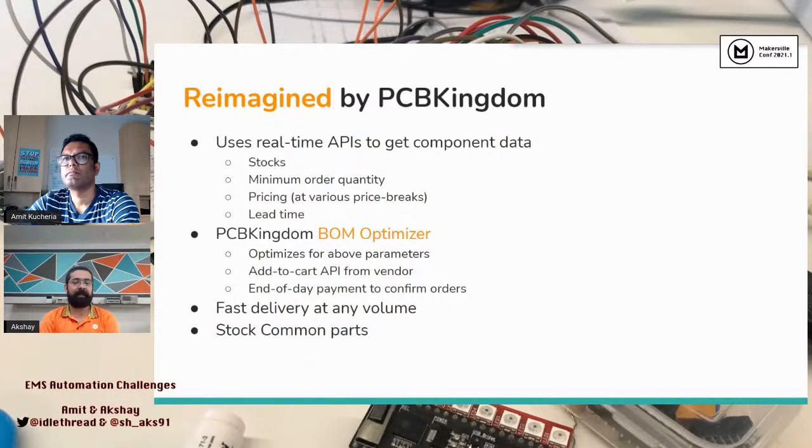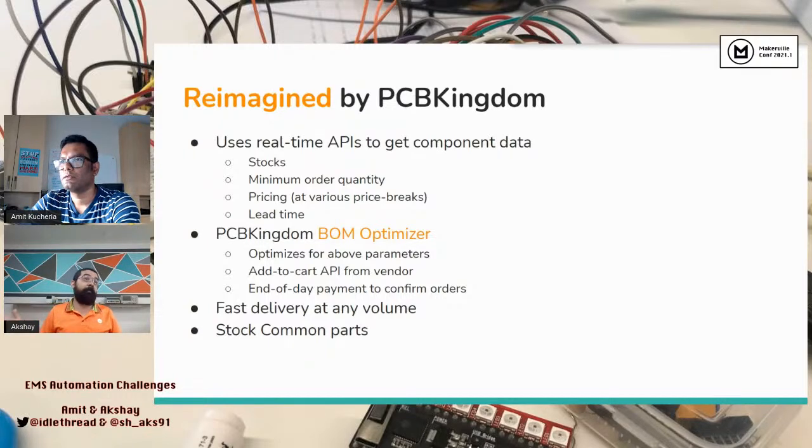All we have to do is end of the day go to each one and just make the payment, and all orders are placed in one shot, which is optimizing somebody else's work. We don't have to dabble through talking to 10-20 people and getting, oh, this part is available, not available. We handle it automatically. This enables us to give faster deliveries at all volumes.